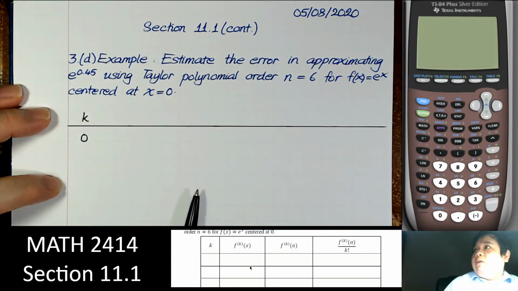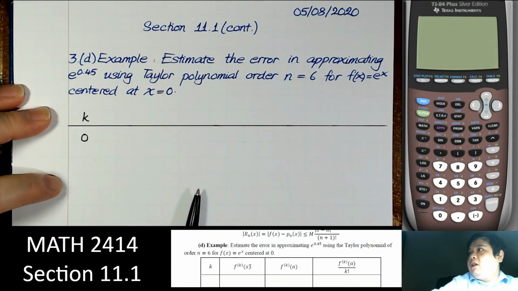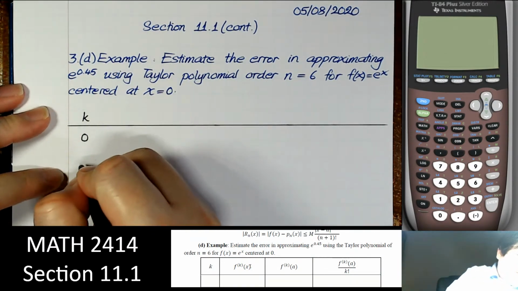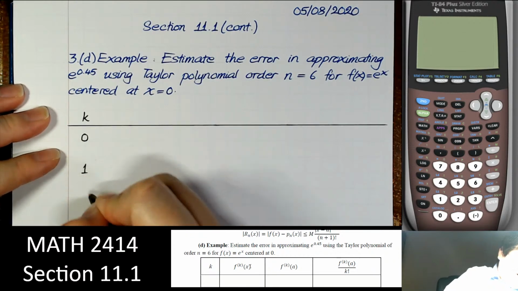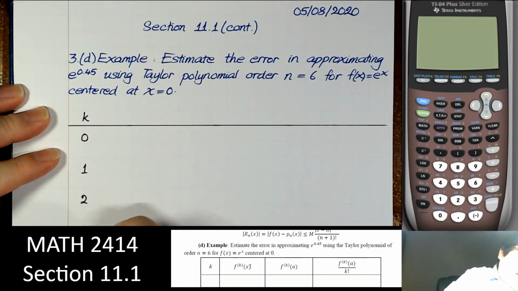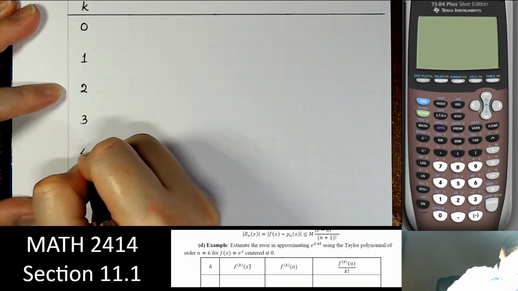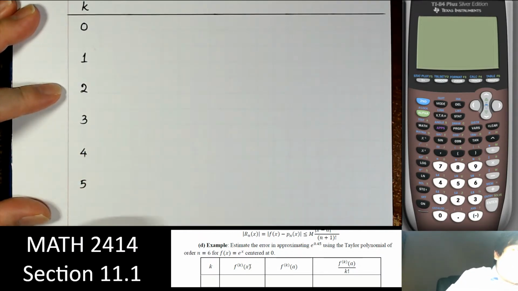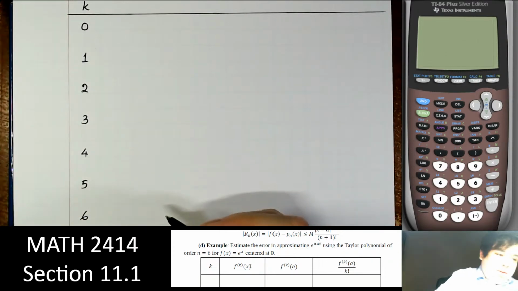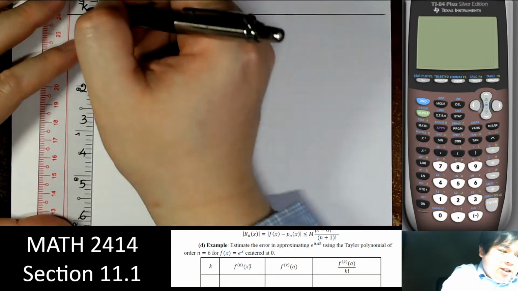And then we have up to n equal to 6. So we're going to need to go all the way to 6.